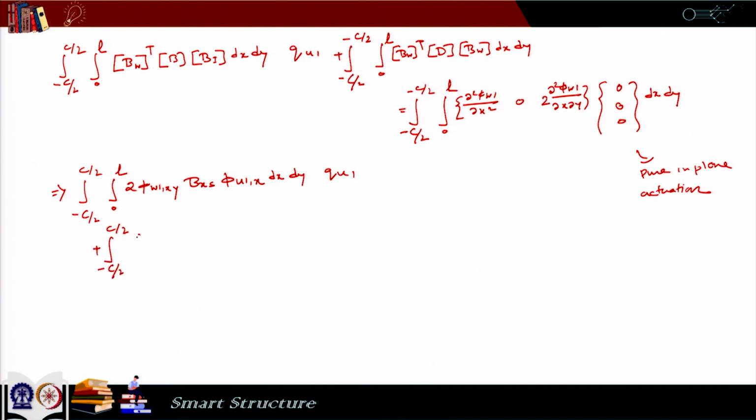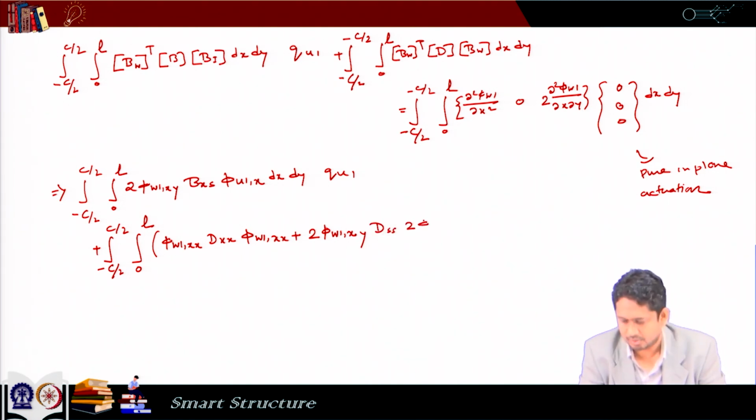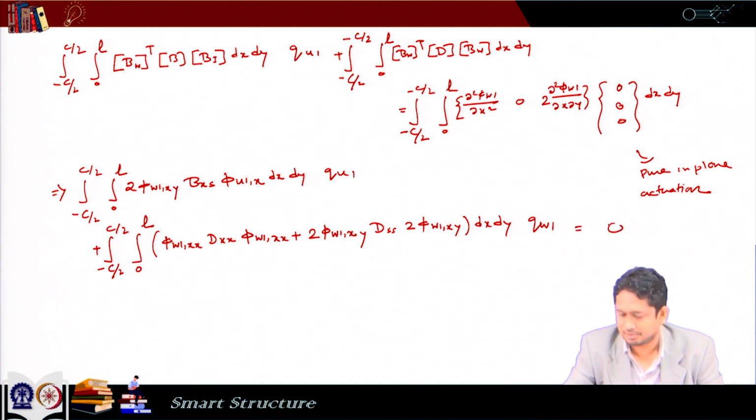And then we have minus c by 2 to c by 2, 0 to L, and here we have contributions from D matrix, and that is phi w1 xx Dxx phi w1 xx plus phi w1 xy, and then we have Dss again twice phi w1 comma xy dx dy, and then at the right hand side we have 0.